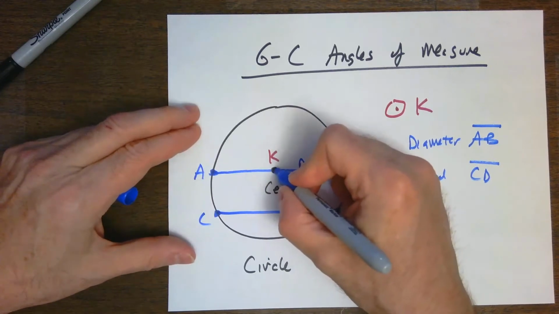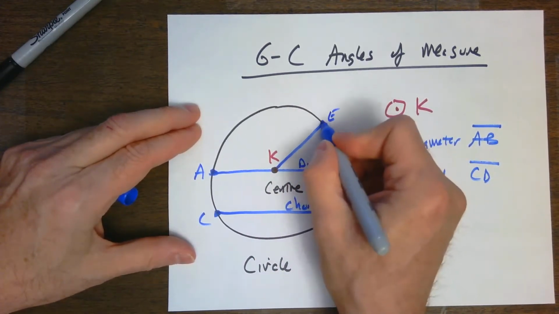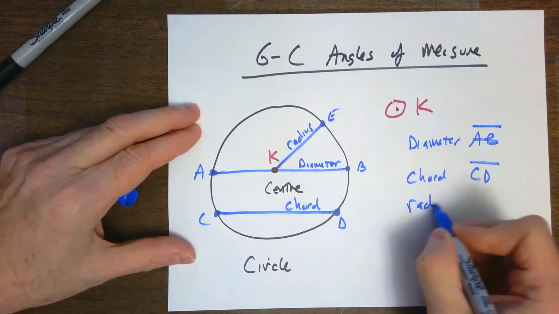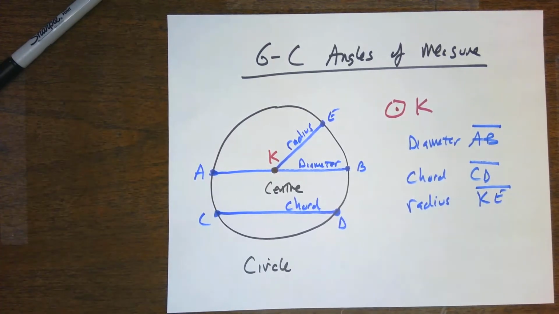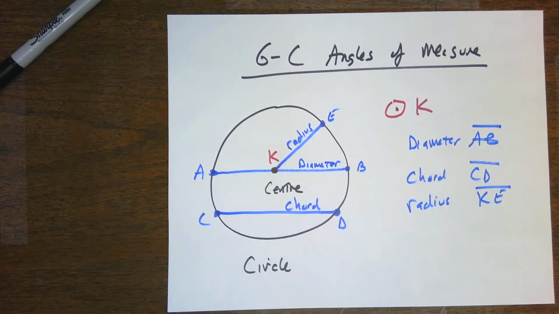Also, any segment that goes from the center to some point on the circle is a radius. These are all segments. Now, other than segments, there are two lines that we need to know.